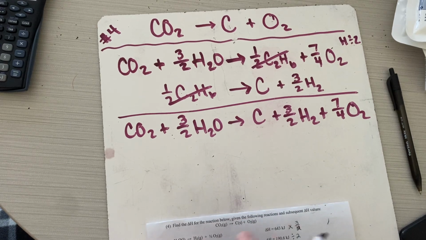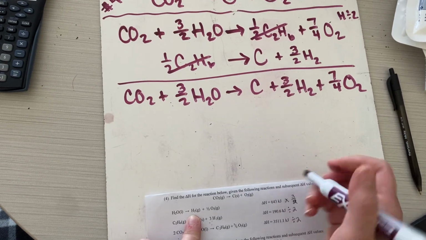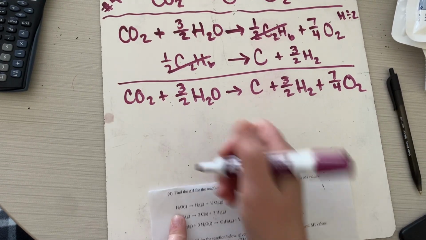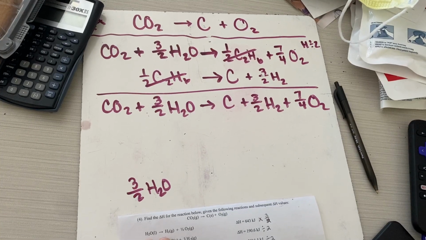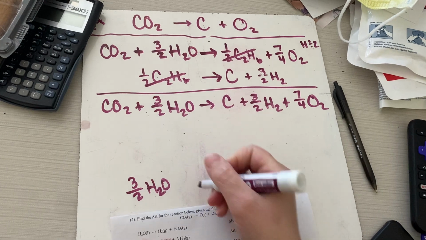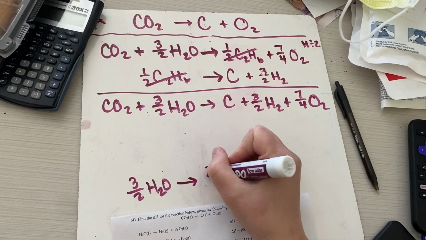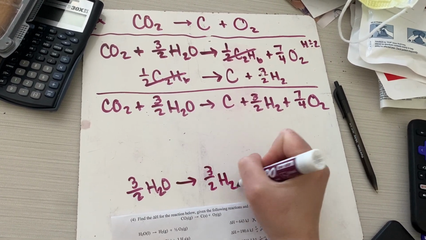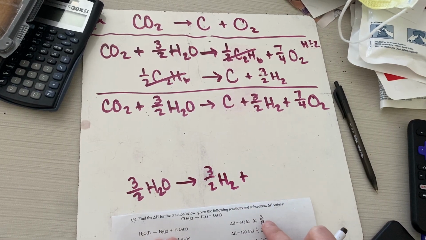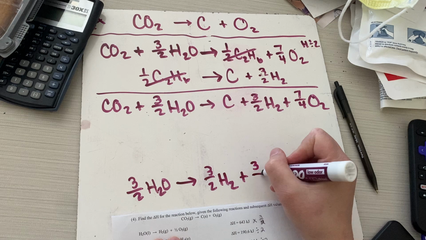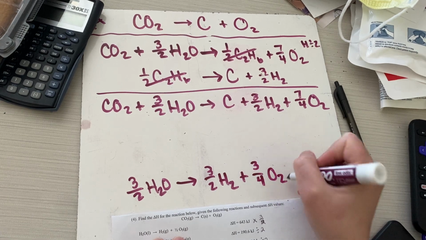So I'm going to write it down here so you kind of know. If I'm multiplying by 3/2, then we're going to have the 3/2 H2O. We're going to have 3/2 H2. And we're going to have 3/2 times the half oxygen, which we said was going to give us 3/4 of O2.